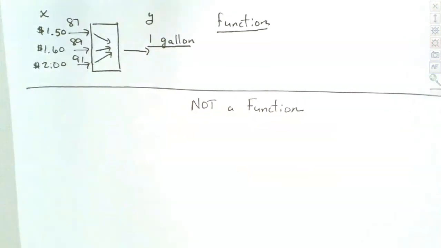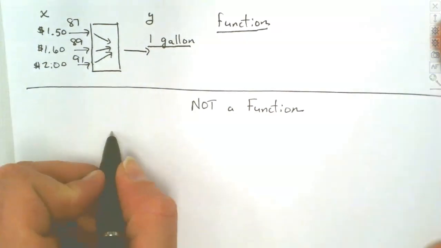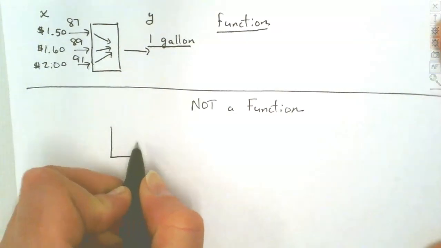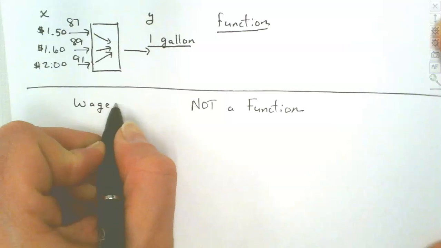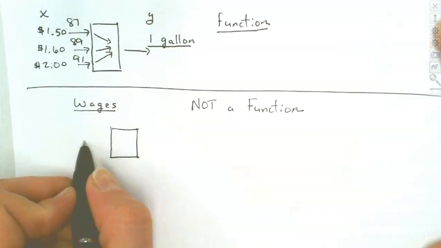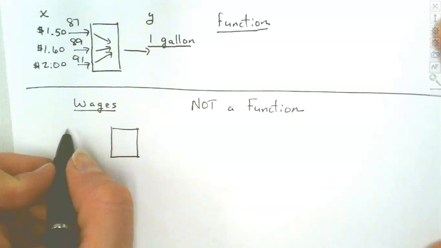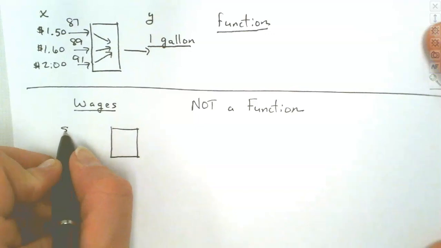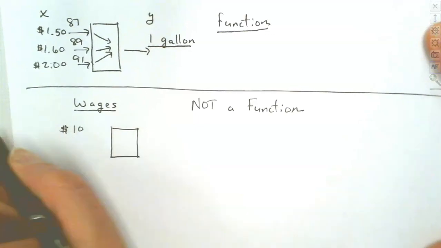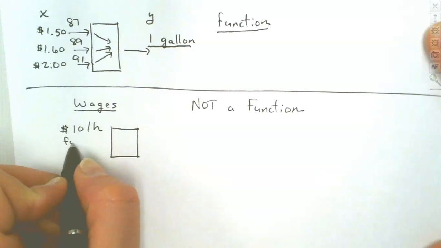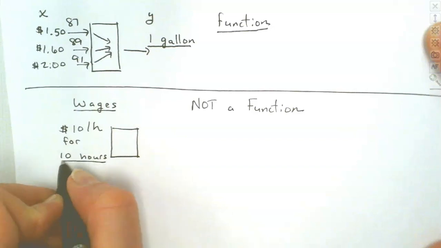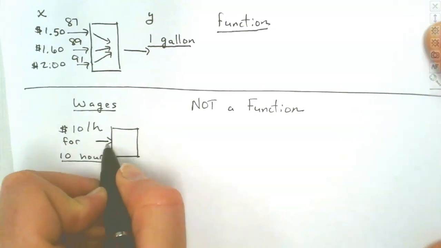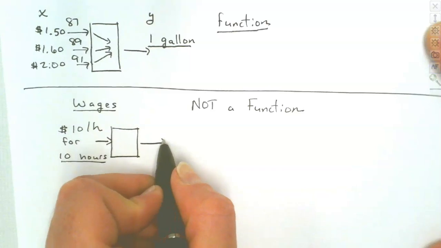And this one might be better explained with wages. Okay, so let's say I'm looking at wages. And let's say I get $10 an hour, and I work for 10 hours. Now, if you work for $10 an hour for 10 hours, how much would you expect to get out?